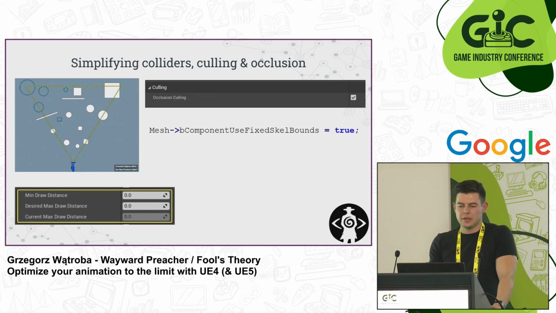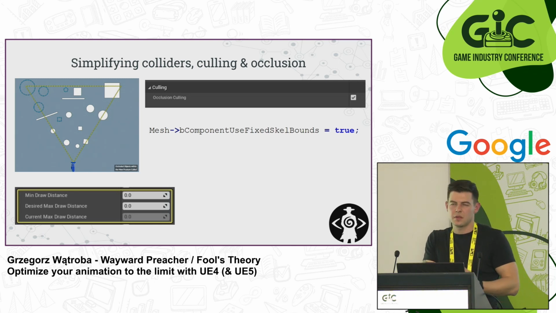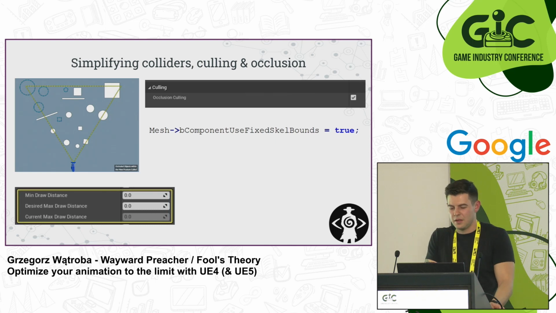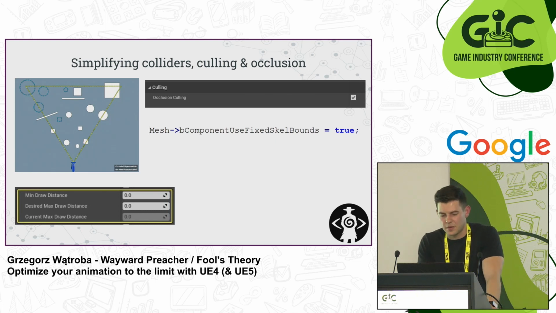And the crucial part of optimization is also not rendering objects. So we should avoid rendering stuff if we don't have to. Hiding those elements is called culling. Simplest is frustum culling, which works like this: if it's not in the camera, we don't render it. So this is like the simplest one and the default one.